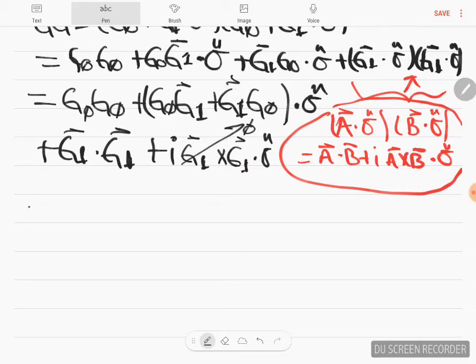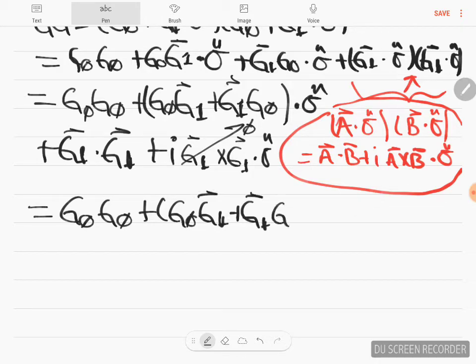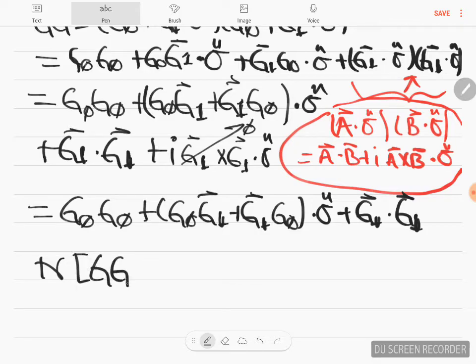So we write finally G0 G0 plus G0 G1 plus G1 G0, all of this dot sigma, plus G1 dot G1. And if we want to calculate the trace of this quantity GG, knowing that the sigma matrix is traceless, that means specifically that this term will not contribute to the trace.